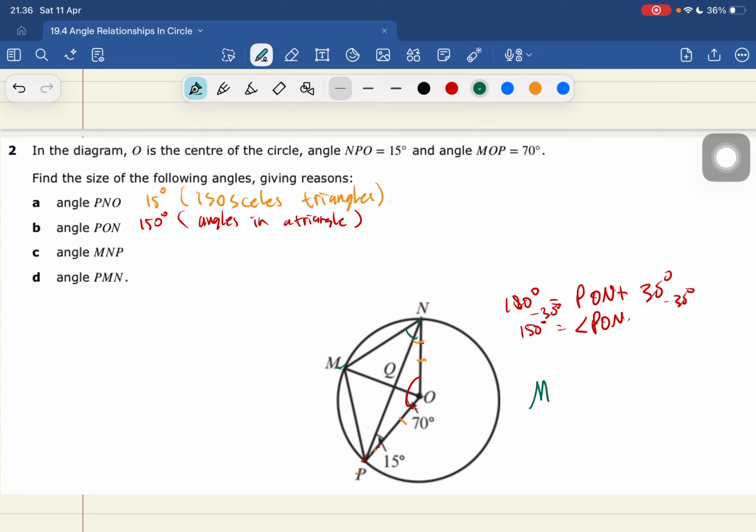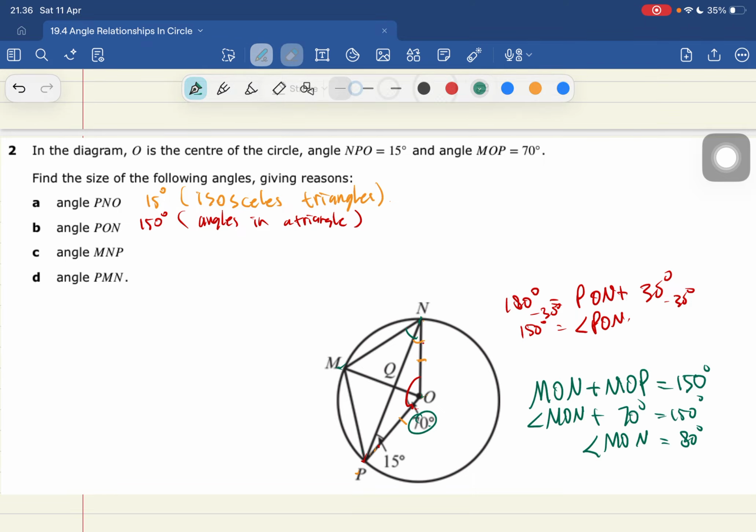MON plus MOP is equal to 150 degrees. We don't know MON yet, however MOB is 70 degrees, so together they make 150 degrees. So the angle MON equals 80 degrees.